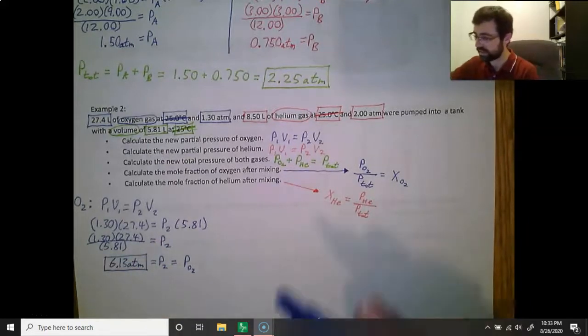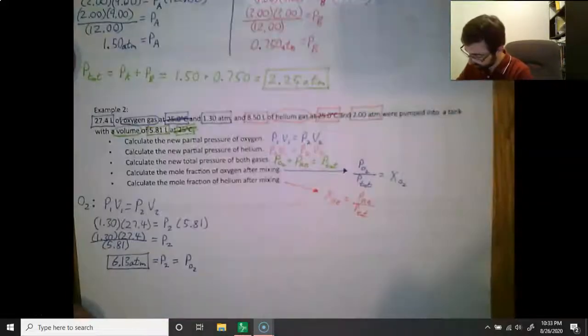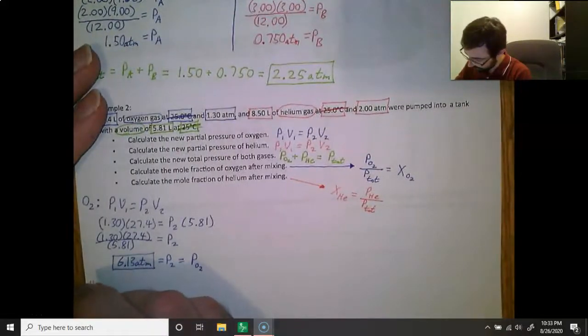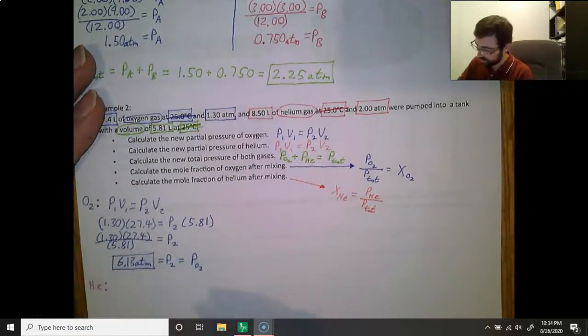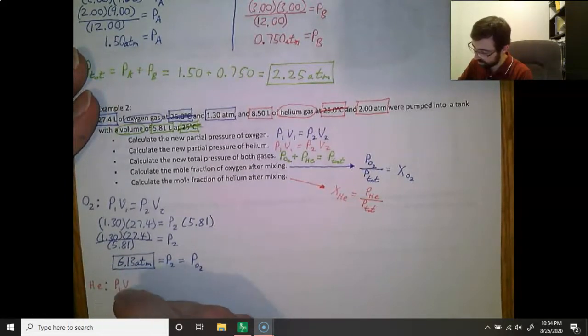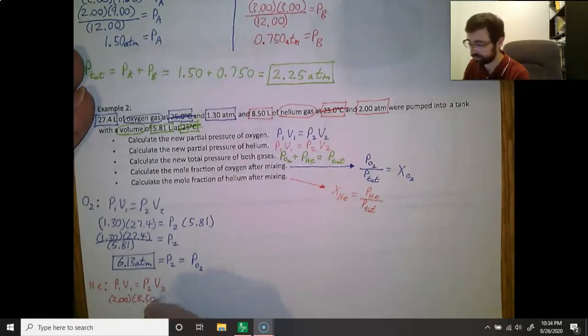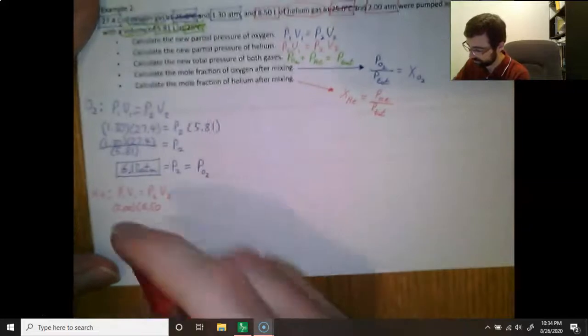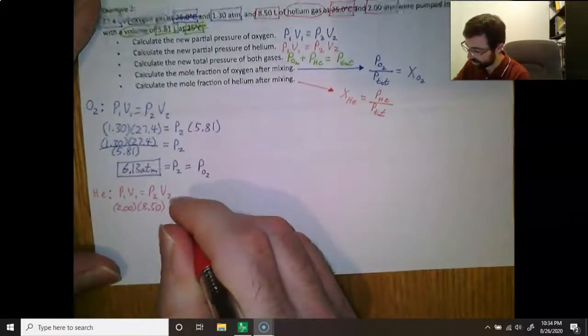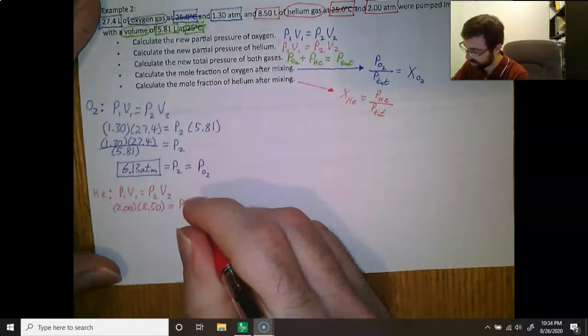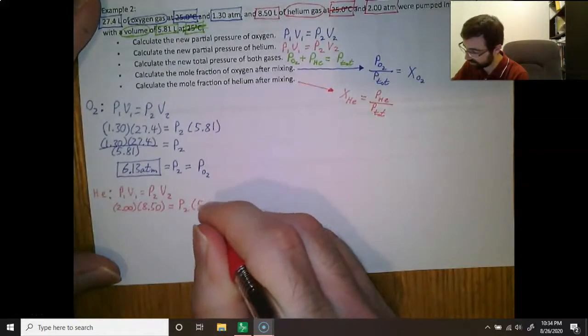Now we need to do the same thing for helium. P1V1 equals P2V2. For helium, our first pressure is 2.00 atmospheres. Our first volume is 8.50 liters. Second pressure, we don't know. The second volume is 5.81.